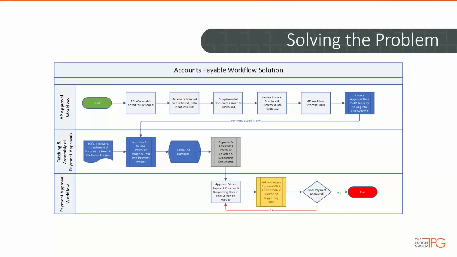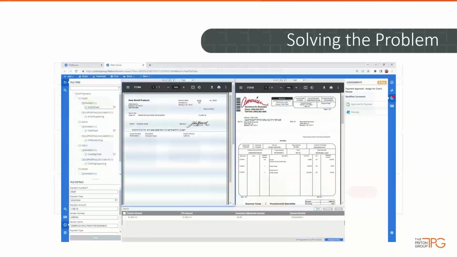So to solve this problem, we're going to flip things on their side and take a fresh approach. We're still going to approve the invoices as you saw in the previous slide, but now we're going to assemble the vendor invoice along with all the supporting documents and then present them to you in a concise and easy to use format.